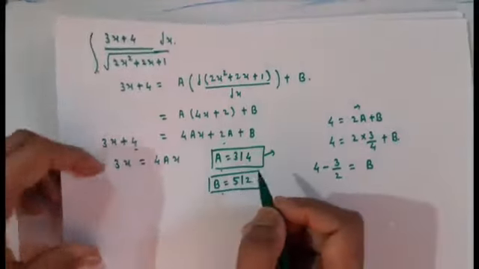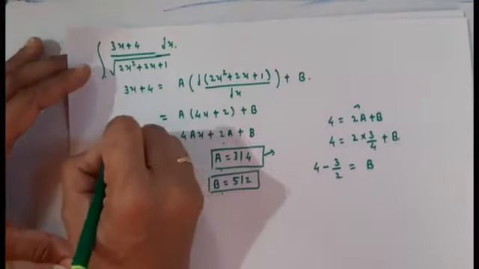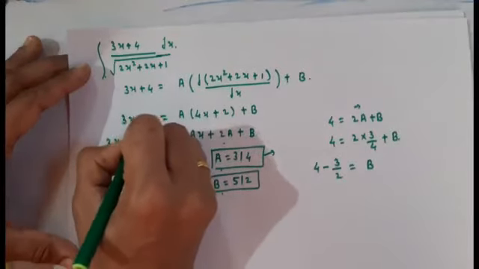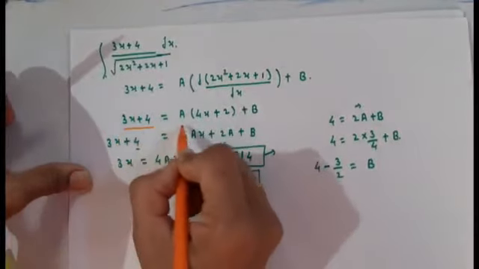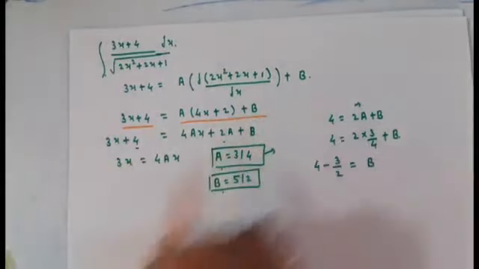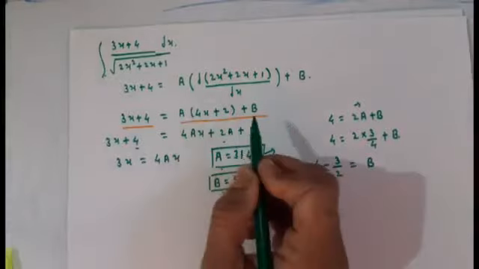And now 3x plus 4, this numerator we can express in terms of the denominator by using the values of a and b.